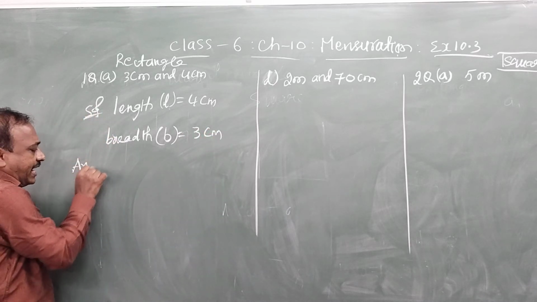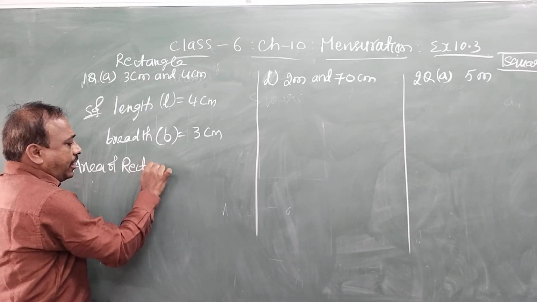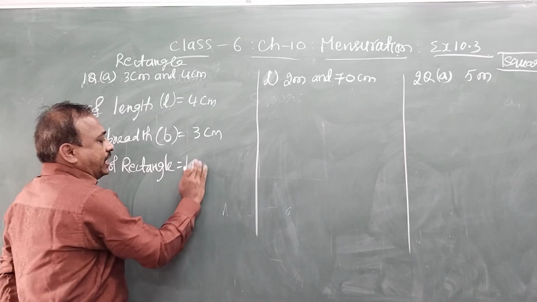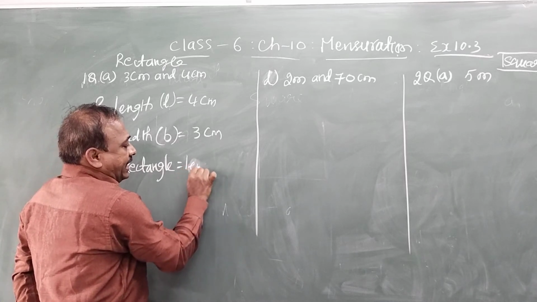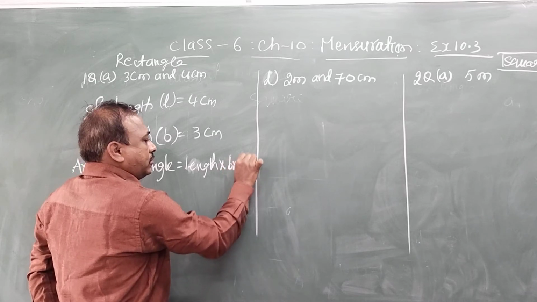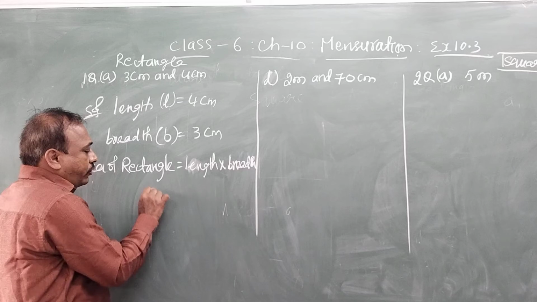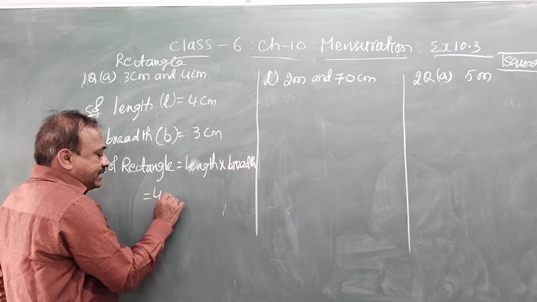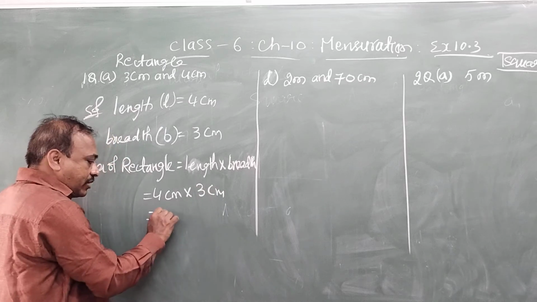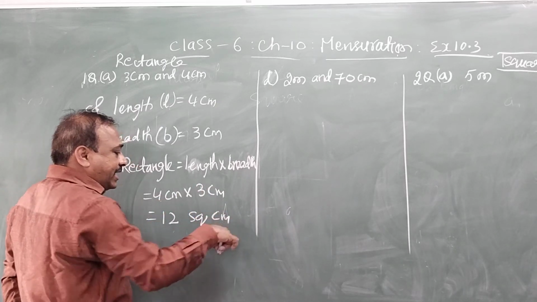Area of rectangle is equal to length into breadth, or you can write L into B also, which is equal to square units. So 4 centimeter into 3 centimeter, which is equal to 12. 4 3s are 12 square centimeter.